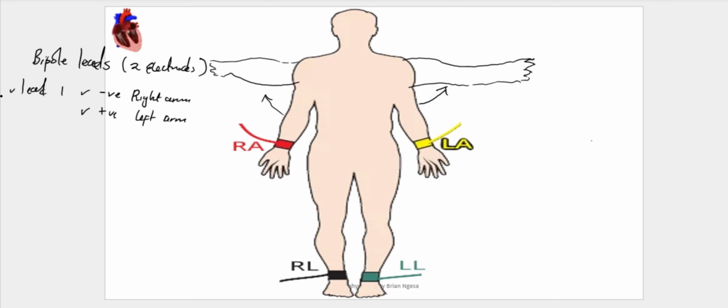So for example, with the lead 1, this is the right arm. You've placed your negative electrode over here. And this is the left arm. You've placed your positive electrode. So you can actually join this and name this lead 1.